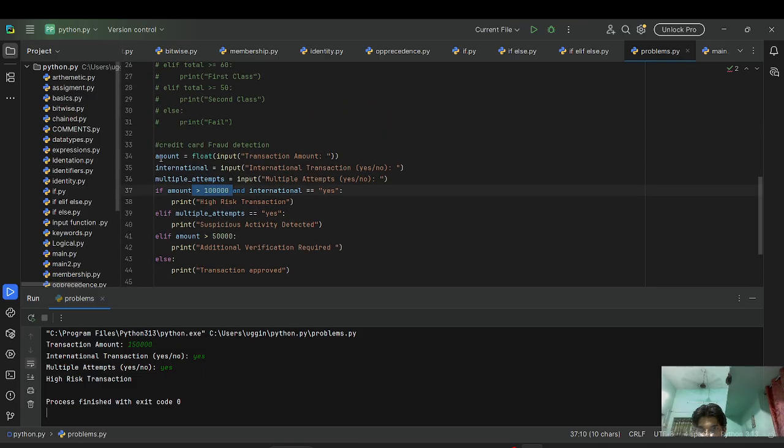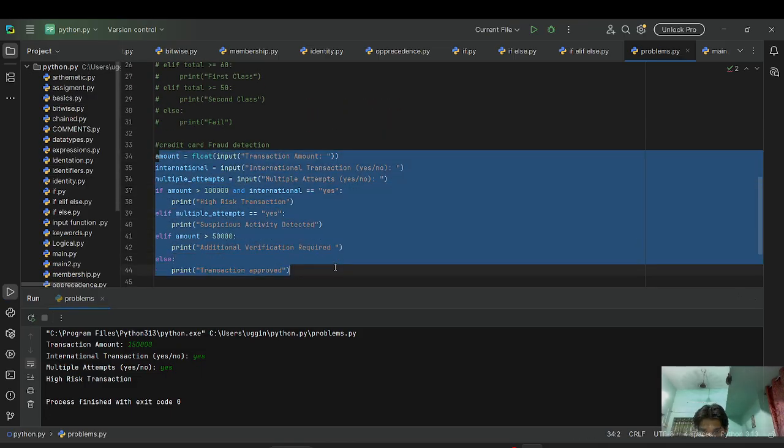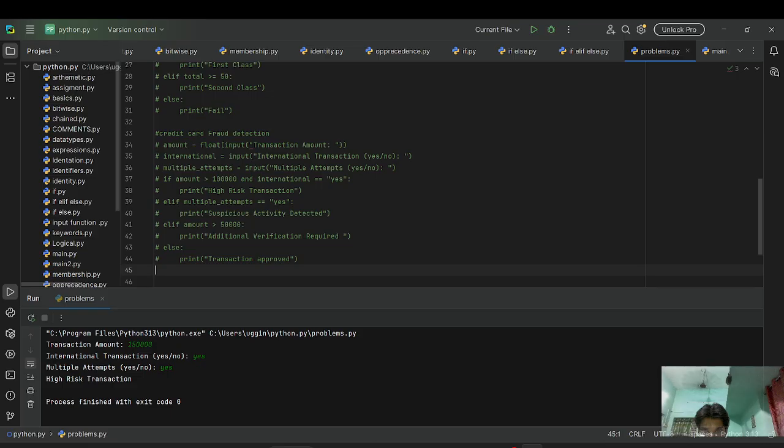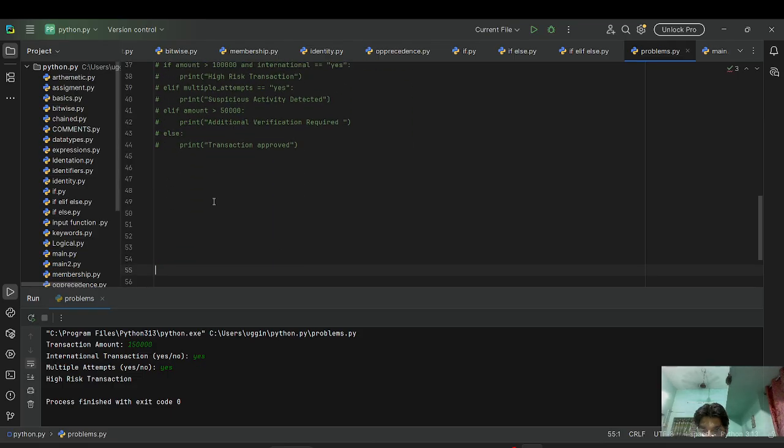Our fourth problem. So let's calculate an electricity bill generator.